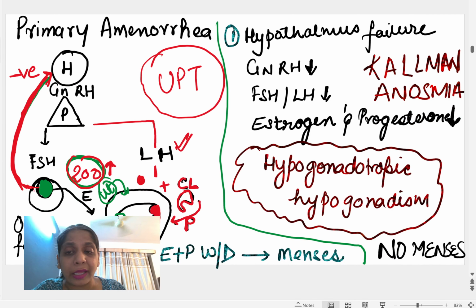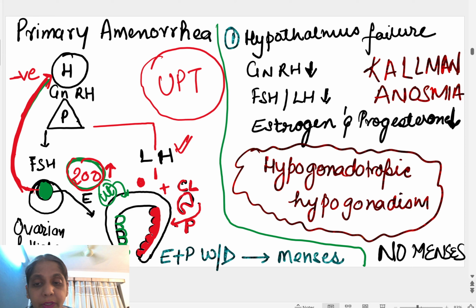If the hypothalamus fails, then this whole HPO axis will not start, right? The GnRH will not be secreted. There will be no FSH and LH. There will be no estrogen and progesterone. So this condition is known as hypogonadotropic, because gonadotropins are less.